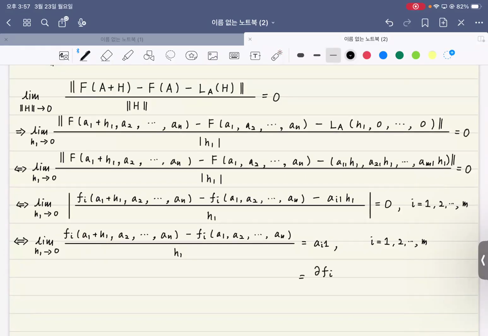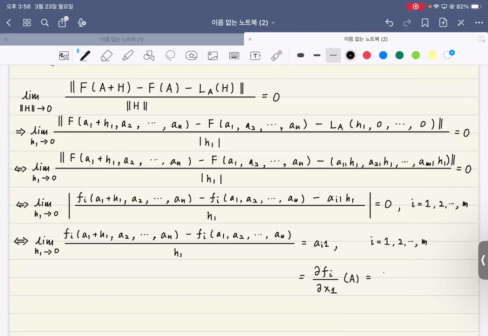This is the partial derivative of the i's component function over the first component. So it is the i's partial derivative, getting differentiated with respect to the first variable and evaluated at point A.